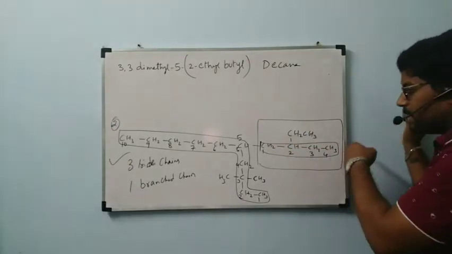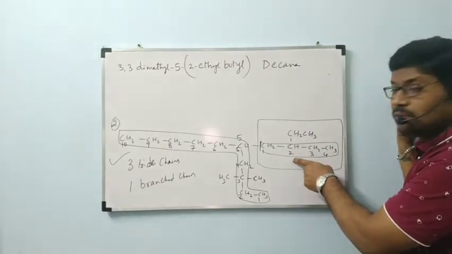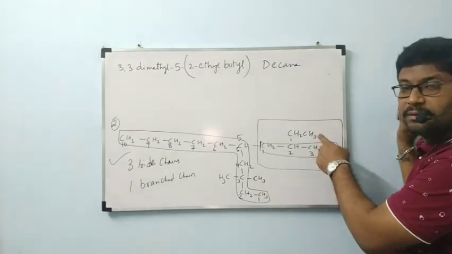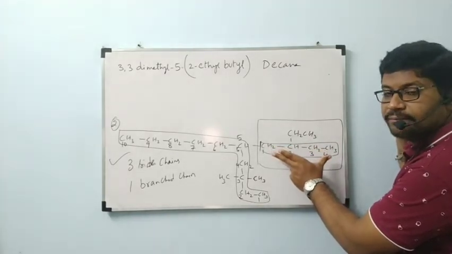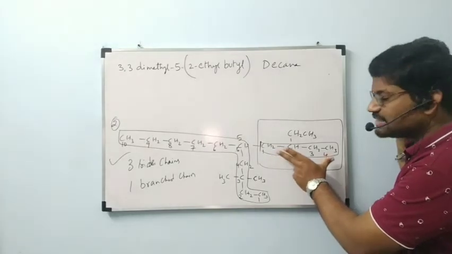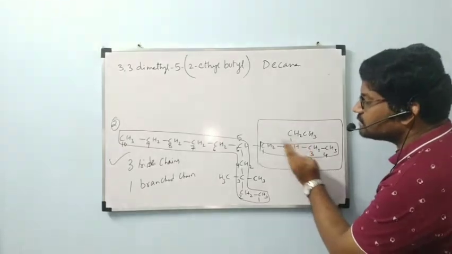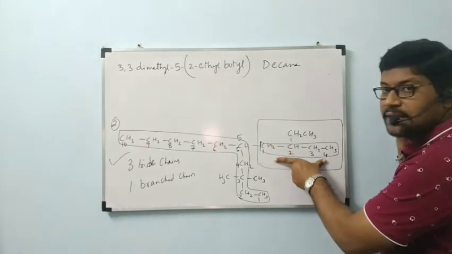See, the parent chain. On the second carbon we have ethyl, 2 ethyl. Number of carbons here 4. Butyl. The root word is but. Why did I write yl? This is not the main parent chain. This is also one of the side chains present on the main parent chain. That's why butyl.